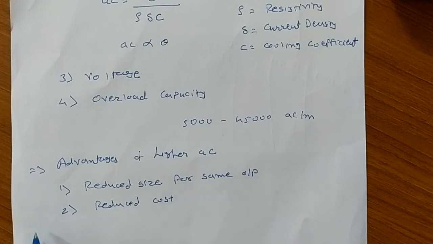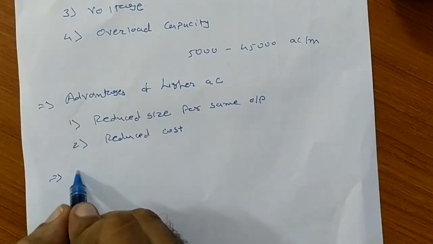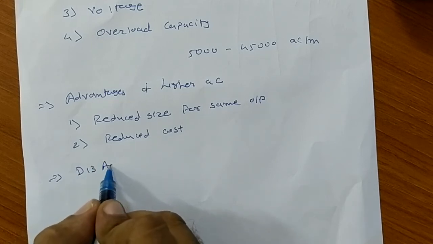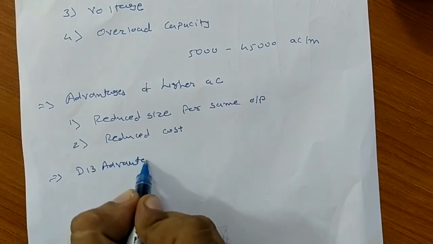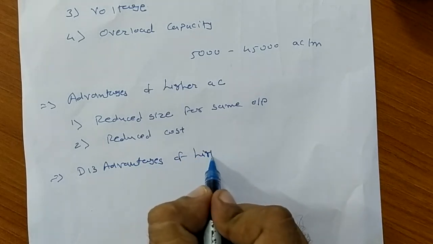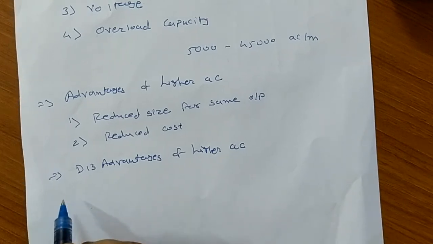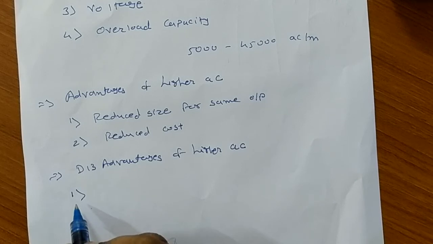But on the other hand, we have some disadvantages of a higher value of AC. The first disadvantage is that an increased amount of copper is required.